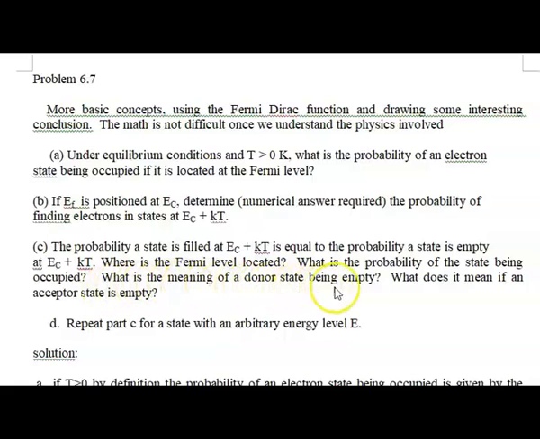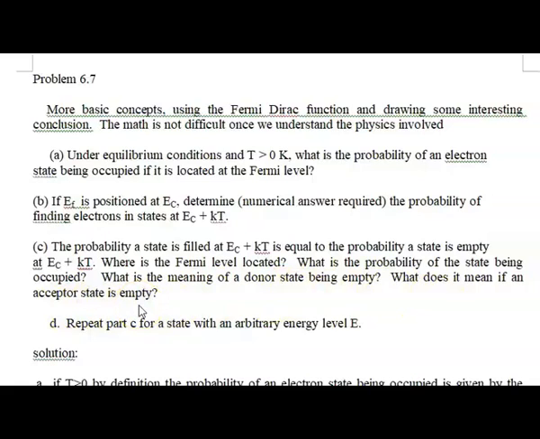What is the meaning of a donor state being empty? In this case, we specifically state donor state. If the donor state is empty, it means it has given up its electron and it is ionized. And that is 1 minus the Fermi function. What does it mean if an acceptor state is empty?